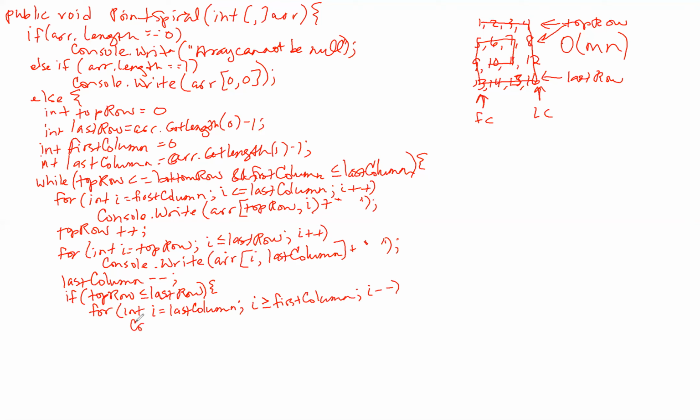And we would just do console dot write array at last row, comma I. Okay, and now that we have worked on this last row, we know we can decrement it. So last row, and actually we can do that outside of this if statement here.